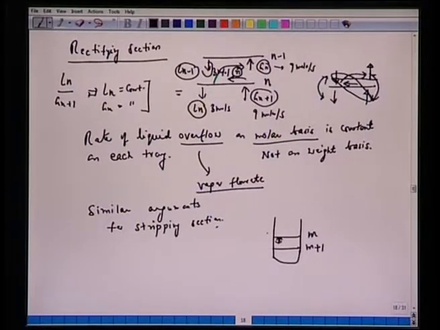If we take the liquid which arrives at this plate and the vapor which arrives at this plate, when they come in contact, we have equal vaporizations. Whatever number of moles of vapor condenses gives rise to the same number of moles of liquid. That's the physical meaning of this.